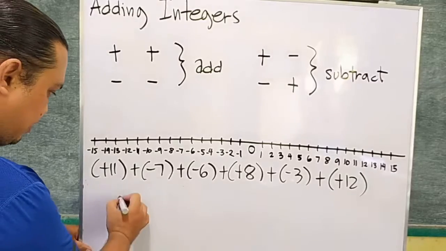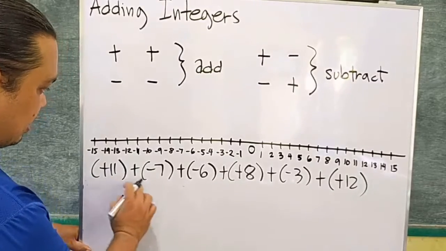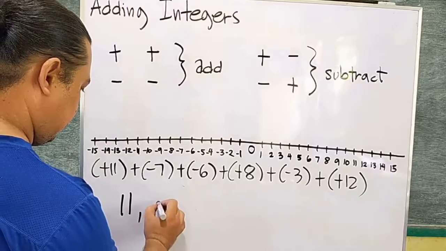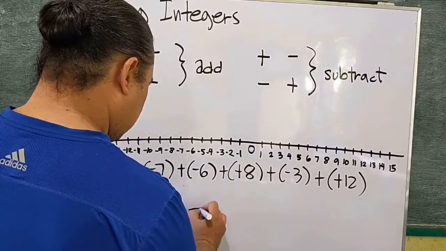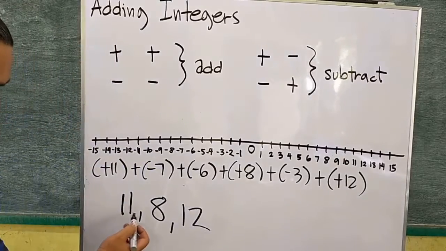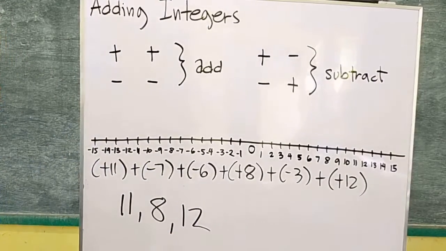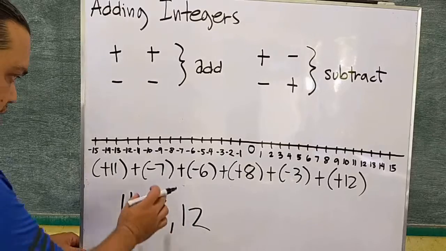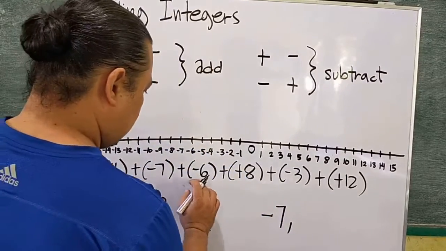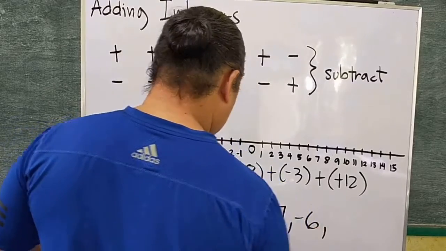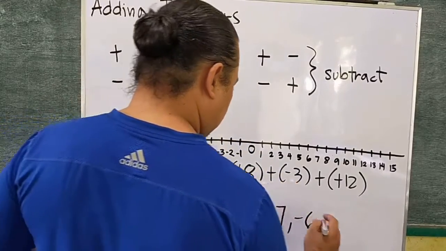Now let's first look for the positive. We have here 11, then we have 8 and 12. Okay, so we have here 11, 8, and 12 for our positive integers. And let's copy the negative 1, negative 7 here, and negative 6, and negative 3.